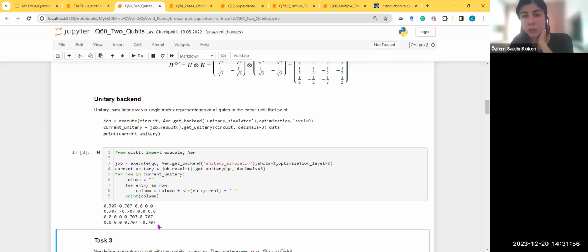Now about the other answers. So first of all, not operator is 2 by 2. Therefore, the result cannot be not operator, because the result should be 4 by 4, as it is applied on a system with 2 qubits. And not operator is making 0 into 1 and 1 into a 0.